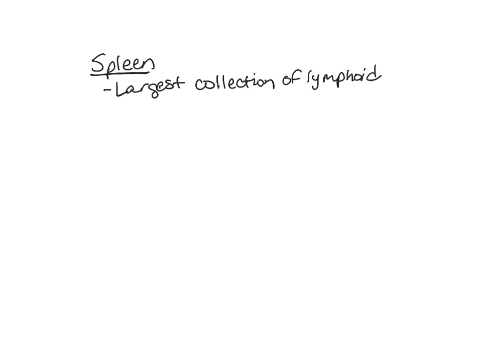Next, we have the spleen. The adult spleen contains the largest collection of lymphoid tissues in the whole body. So what the spleen's going to do is it's going to remove abnormal cells.